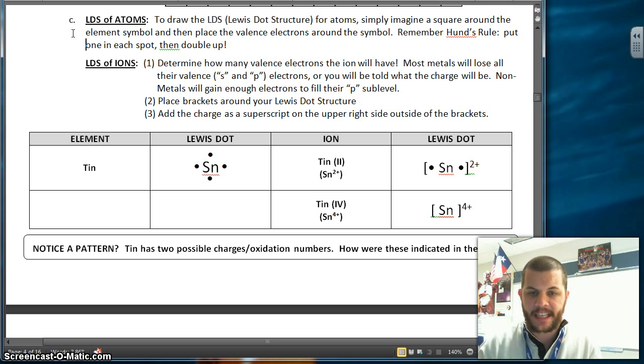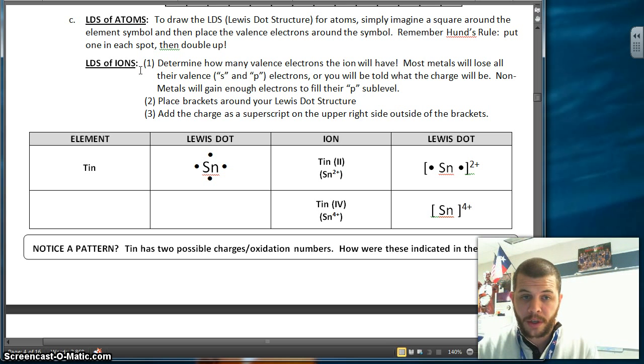Well, same sort of idea here. You can only put one electron in each spot. Then you can come back and double up. When you're doing the Lewis dot structure of an ion, you have to think about whether this is a metal or a non-metal. If it's a metal, then we know metals are losers, and that metal is going to lose all of its electrons, or some of its electrons, depending on what ion it is.